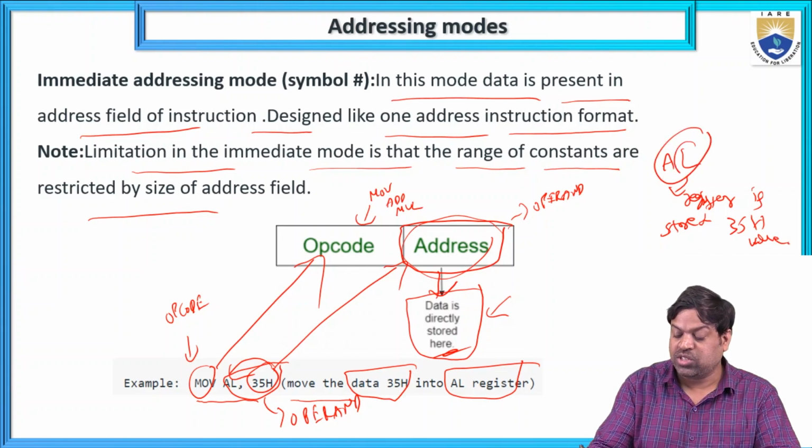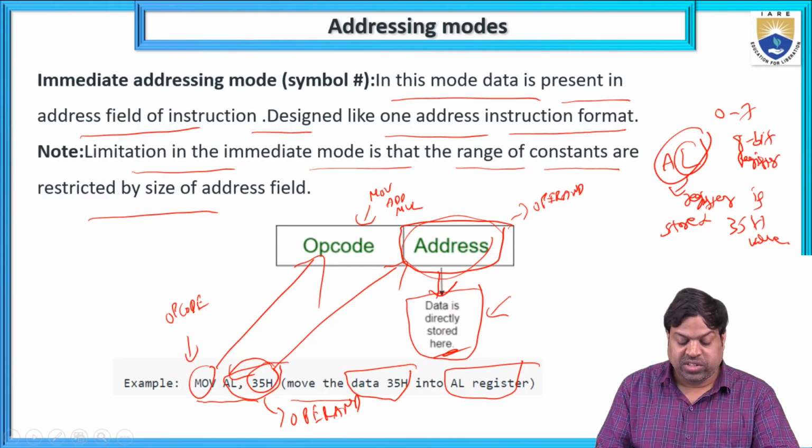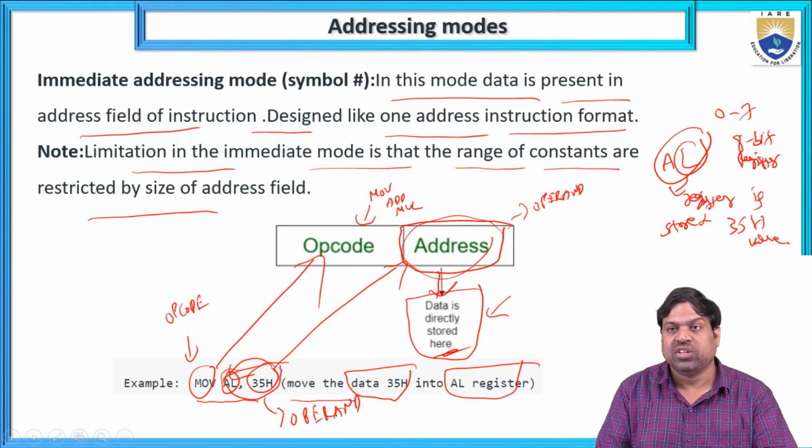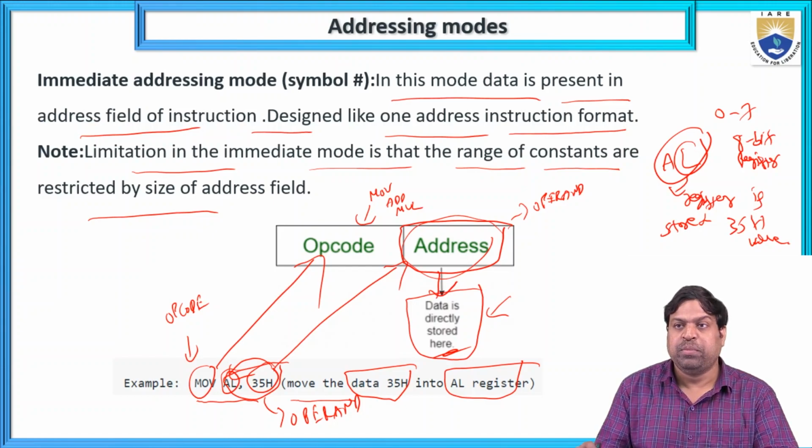So what does AL mean? It is the lower order, meaning bits 0 to 7. That means 8-bit data, so it is an 8-bit register. Here AL means the register name is A and L is the lower order, that is from 0 to 7, so 8-bit data is stored in register A. What data is stored?